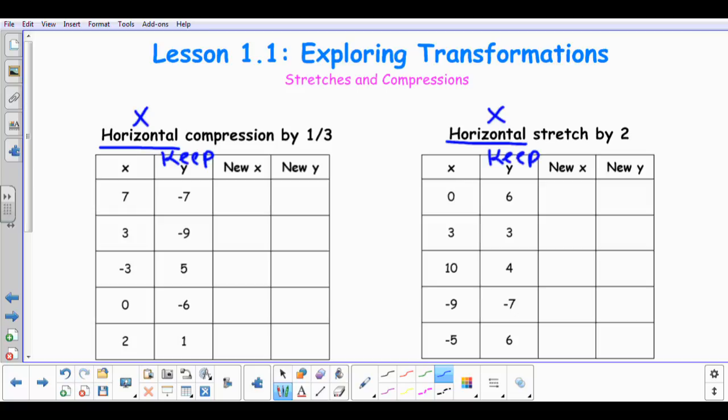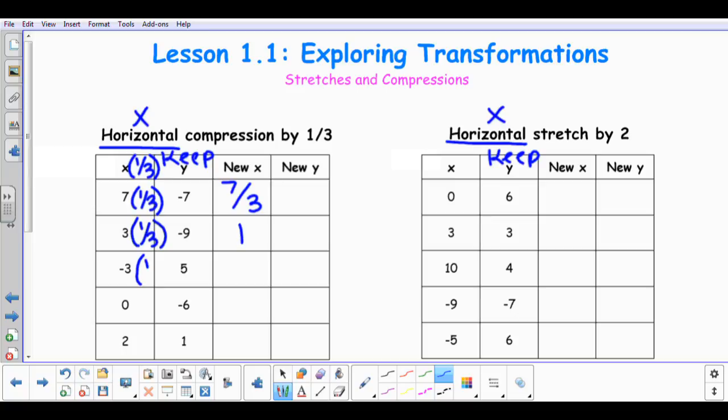So for our first one, the horizontal compression by 1/3, all I will be doing is taking each x coordinate and multiplying it by the fraction 1/3. So my first one, I'm going to take 7 and multiply it by 1/3, and that'll give me a fraction of 7/3. Then I'll take 3 and multiply that by 1/3, and that'll give me 1.